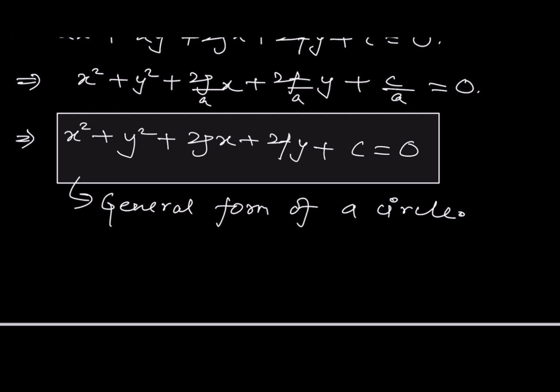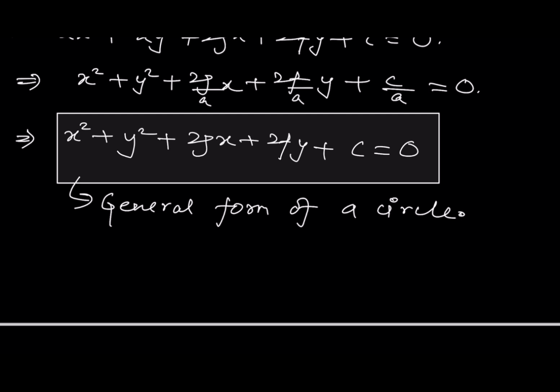Now, when we derived the central form of a circle, we could easily state what is the center and what is the radius for that circle, right? But in this equation, we cannot directly state the center and radius. Okay, so we will again take help of the central form.